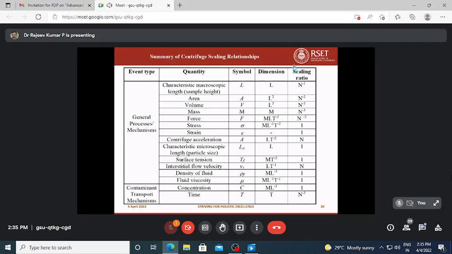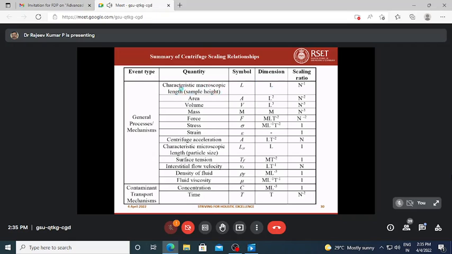This is a summary of the centrifuge scaling relationships which I have derived, and at the same time many other researchers across the globe have done it. These are the scaling laws or scaling ratios we followed in this simulation of contaminant transport through the soil. You can see the general processes here.